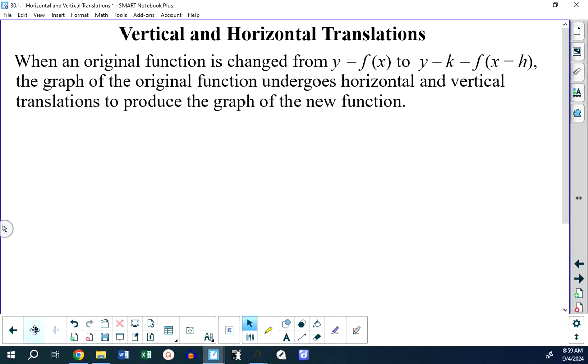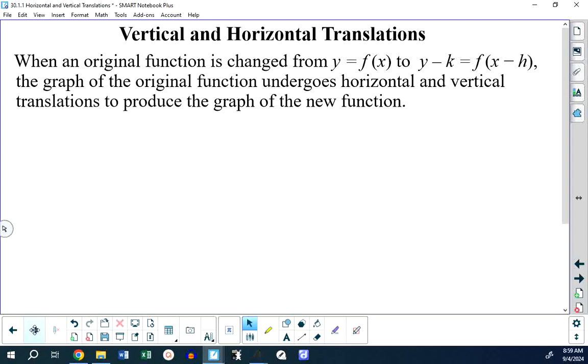So I'm going to show you now the notation that we use. It's not going to make a lot of sense, but with example 2, it will all start to come together.